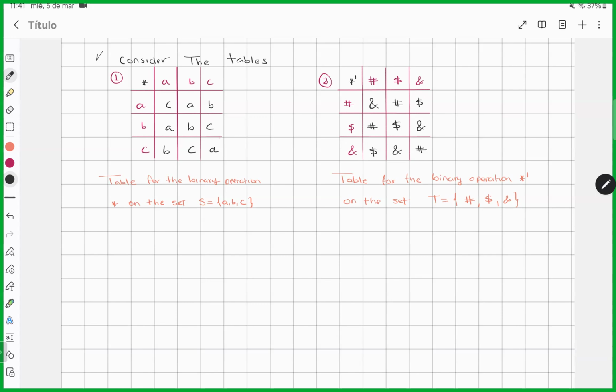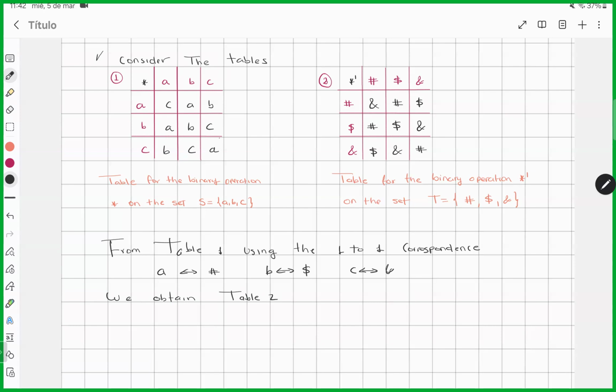So we can write this as follows. From table 1, using the 1-to-1 correspondence, we obtain table 2.